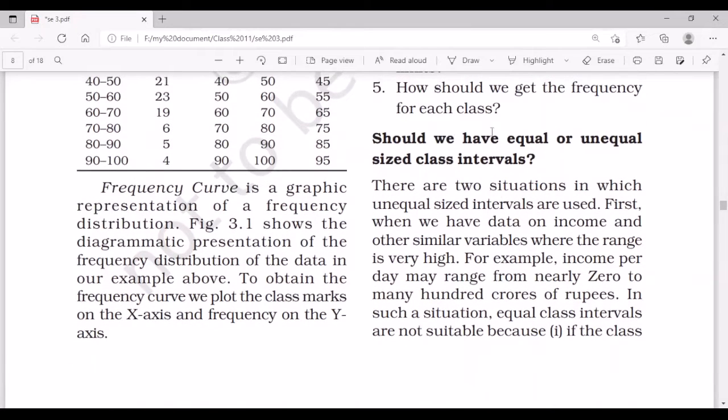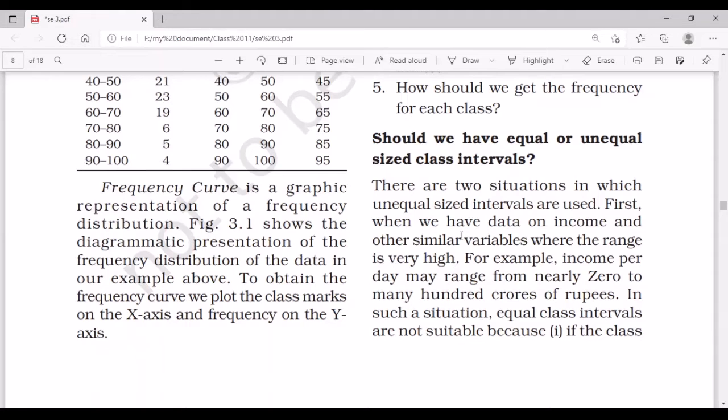So should we have equal or unequal size class intervals? We need to answer this question. There are two situations in which unequal sized intervals are used. First, when we have data on income and other similar variables where the range is very high.